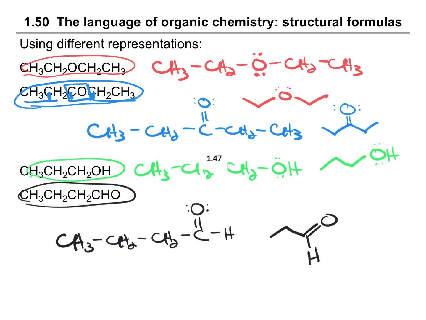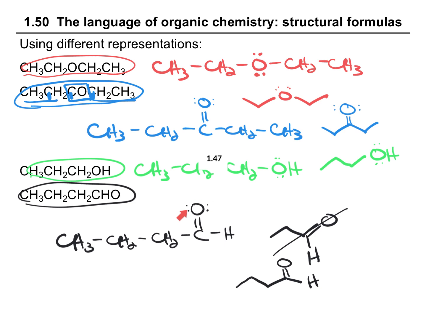But wait a minute, let's double check because this says I have 1, 2, 3 carbons, but I actually have 1, 2, 3, 4 carbons. So I stopped my zigzags too soon. We have the CH3, CH2, CH2, C, double bond O, and we do draw the aldehyde hydrogen.